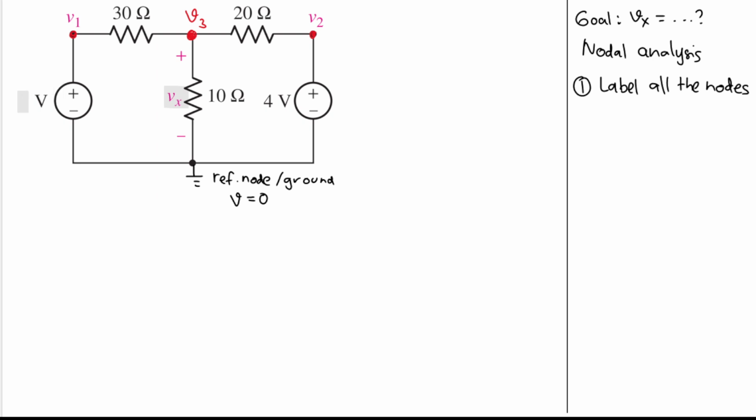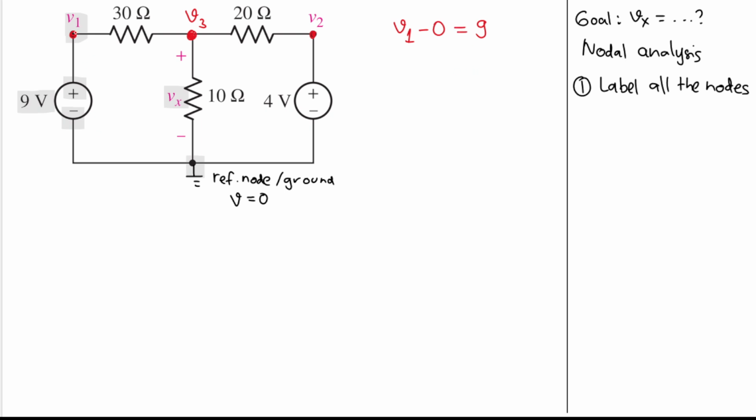Here we have a 9-volt voltage source. What does 9-volt mean? It is the difference between the positive terminal, which is connected directly to V1, so I will have V1, and the negative terminal. But the negative terminal is connected to the ground, so I will have V1 minus 0 is equal to 9.